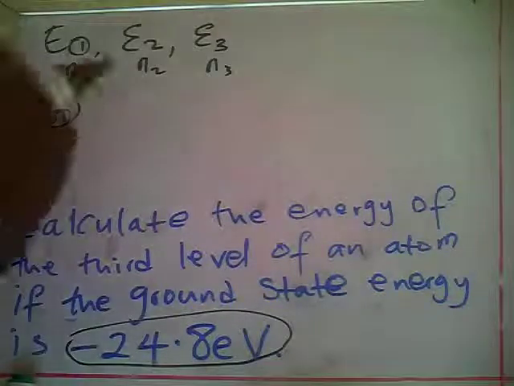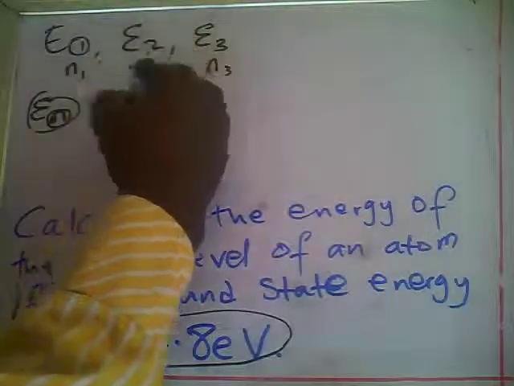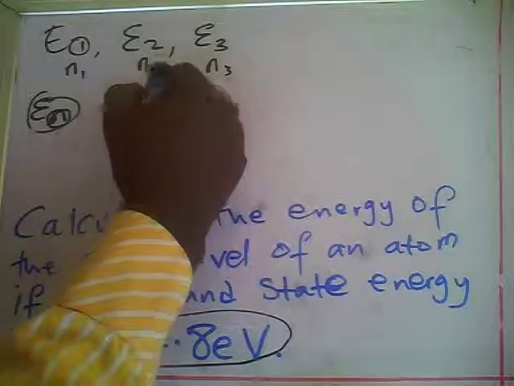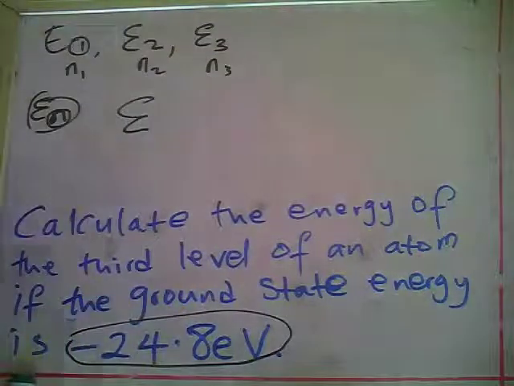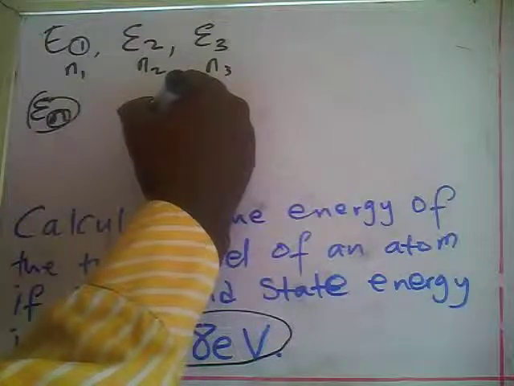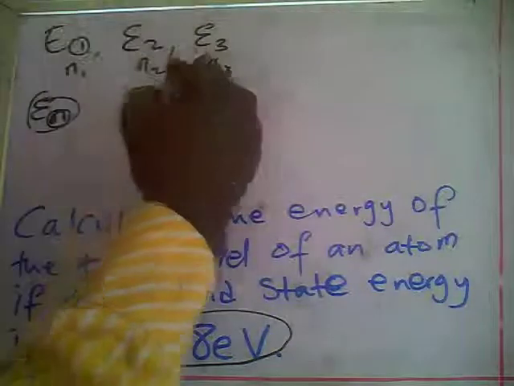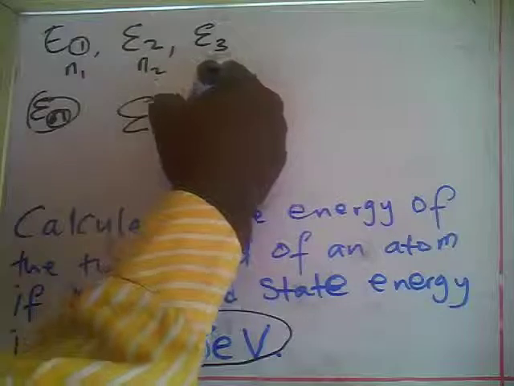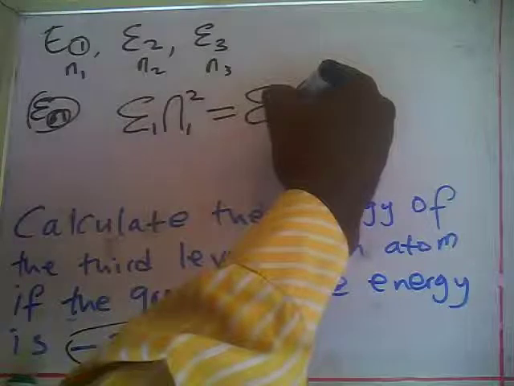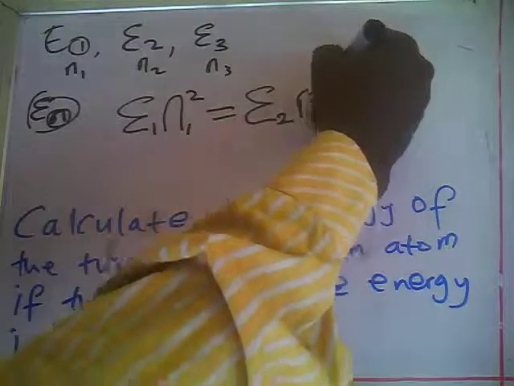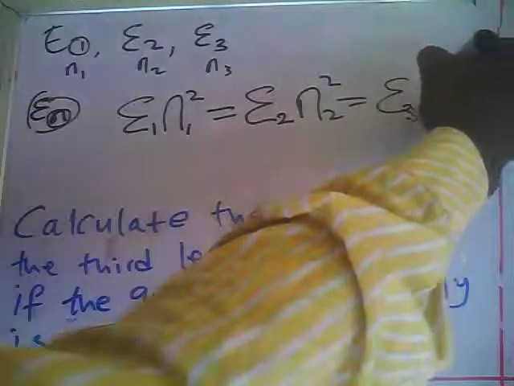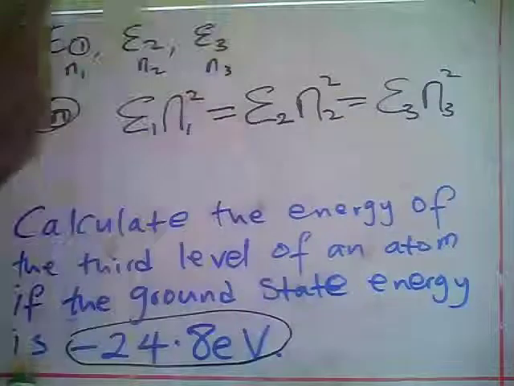Now the relationship is that the energy of level 1 times the square of level 1 will equal the energy of level 2 times the square of level 2, and also equal that of level 3 times the square of level 3.